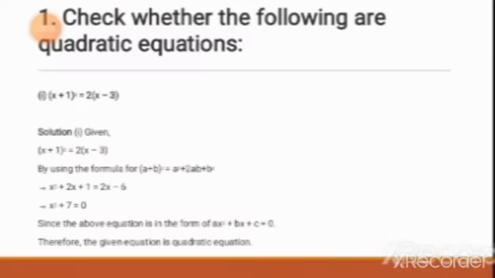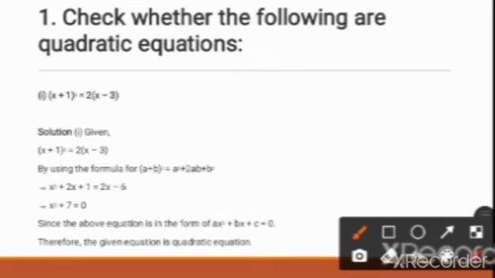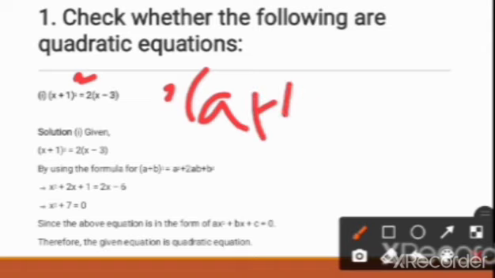Now we are going to discuss the first topic. In first topic we are going to check whether the given equations are quadratic or not. So I have taken exercise 4.1, first example. (x plus 1) whole square is equal to 2 into (x minus 3). So you know the identity (a plus b) whole square, we know that it is a square plus b square plus 2ab.